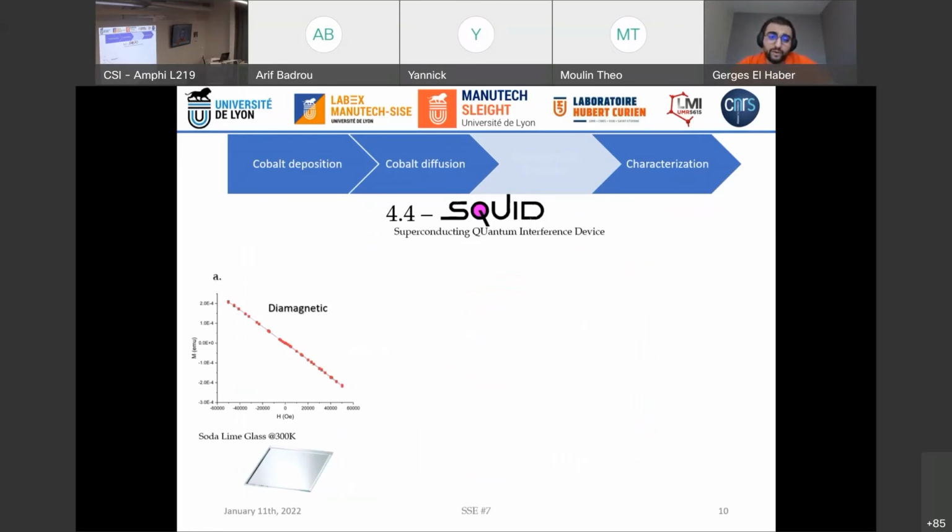For example, in figure A, we can clearly see the glass behavior in the graph of magnetization versus field, confirming that the glass has diamagnetic properties.